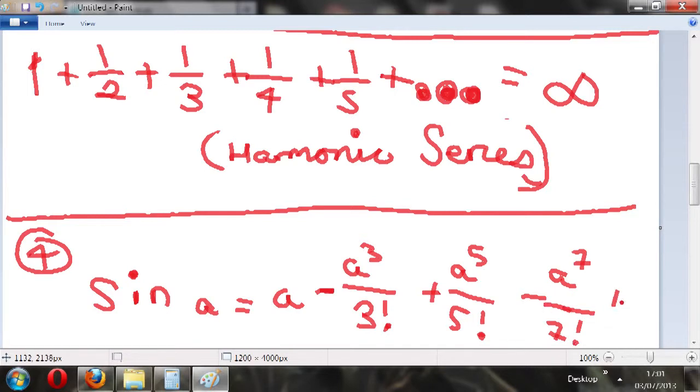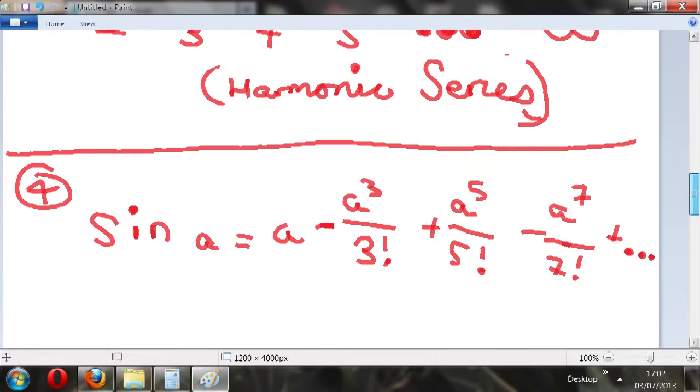Okay, I haven't really got any more room here. So there we go. That's what sine is, and that's how the sine function works.